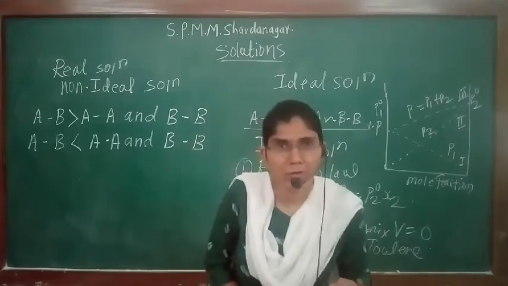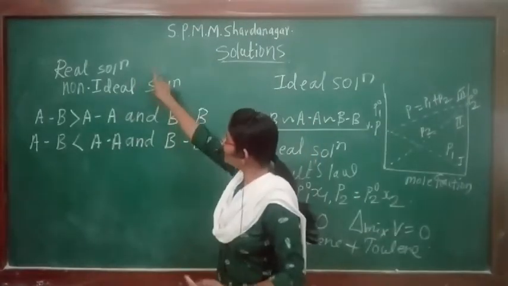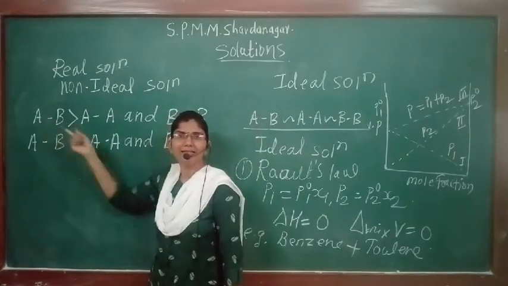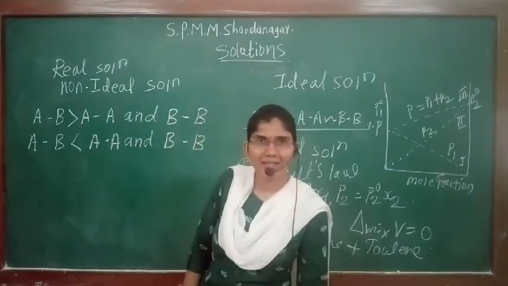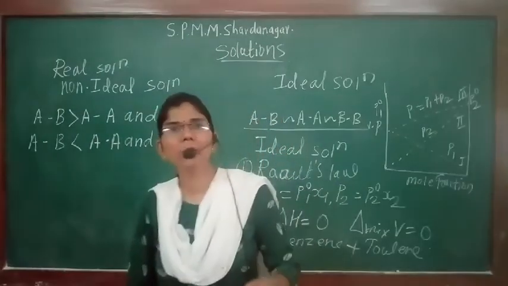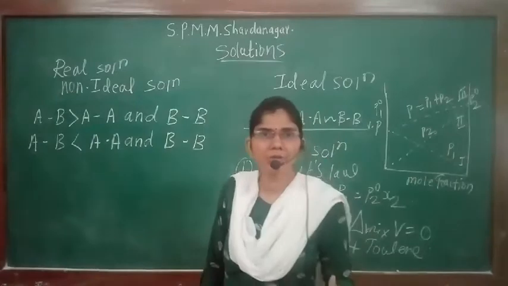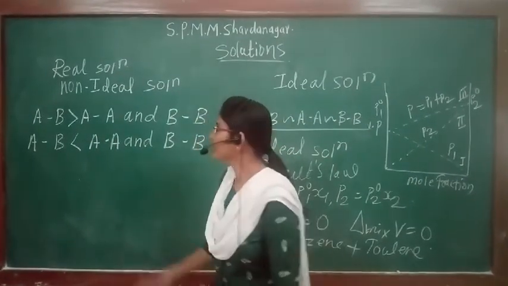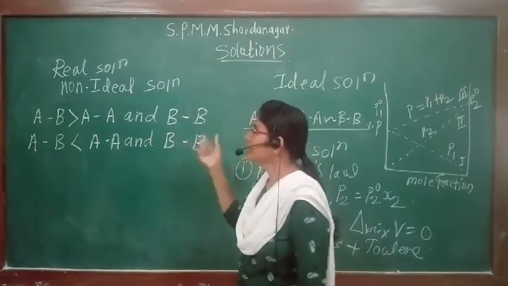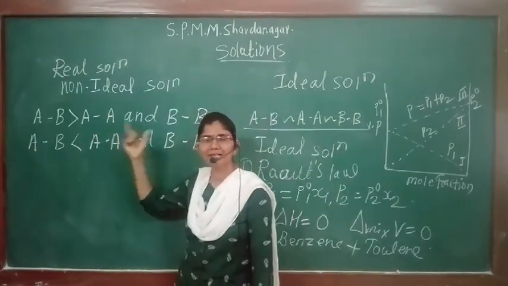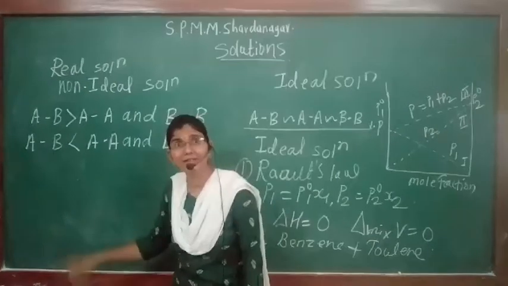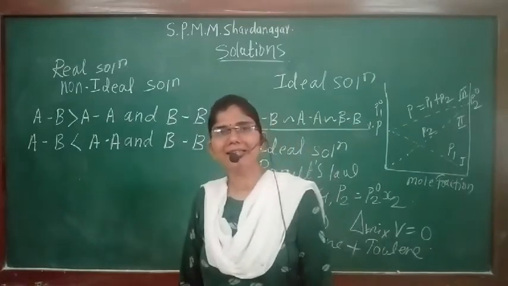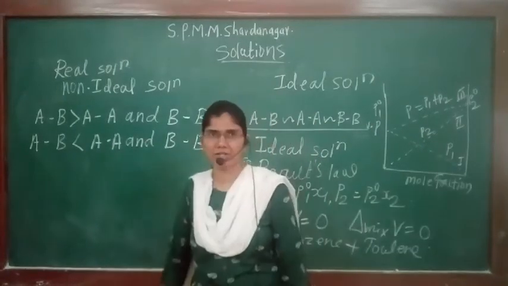But for a real solution, that is a non-ideal solution, the interaction between the solute and solvent may be greater or lower than the solute-solute and solvent-solvent interactions. It may be higher or lower than these interactions.